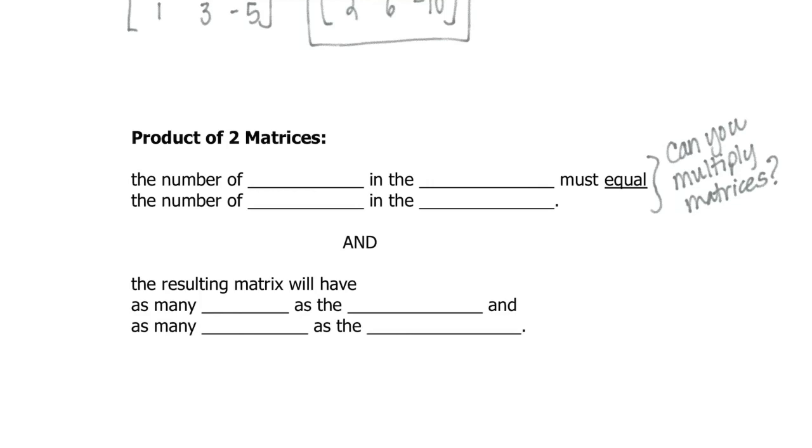When we're finding the product of two matrices, the number of columns in the first matrix must equal the number of rows in the second matrix.